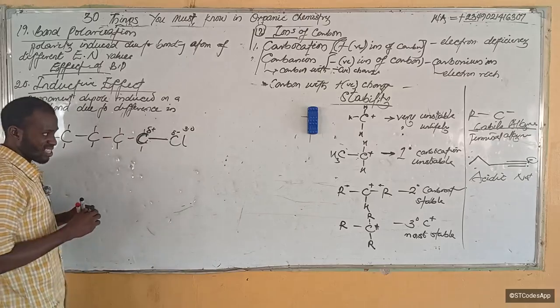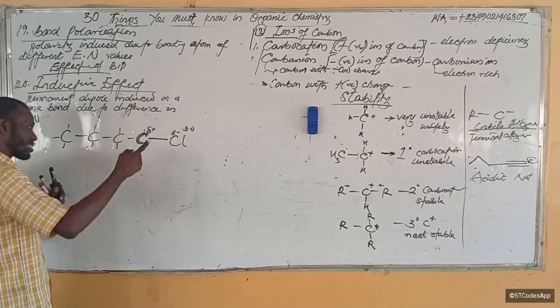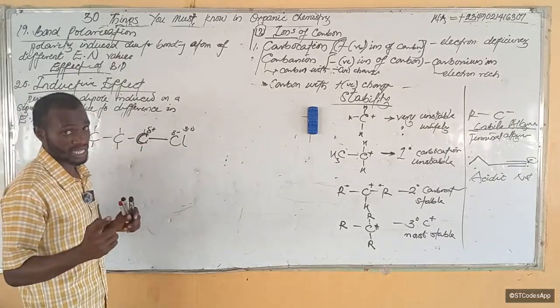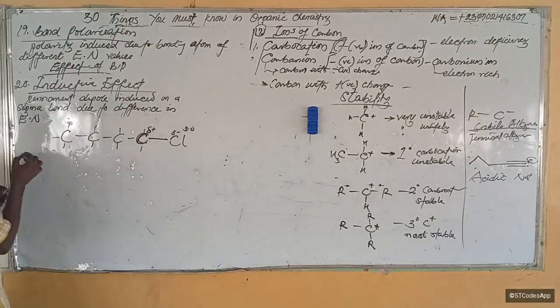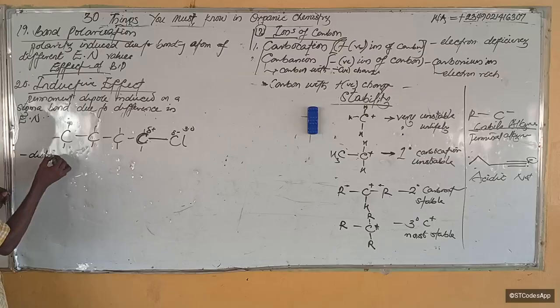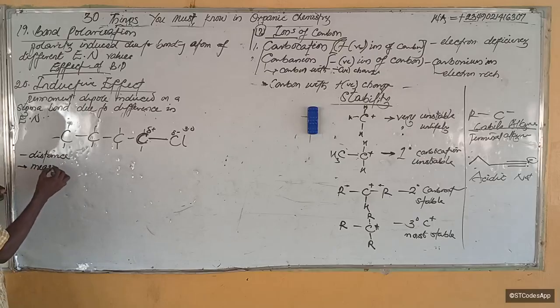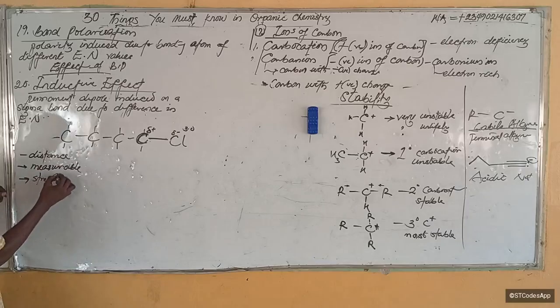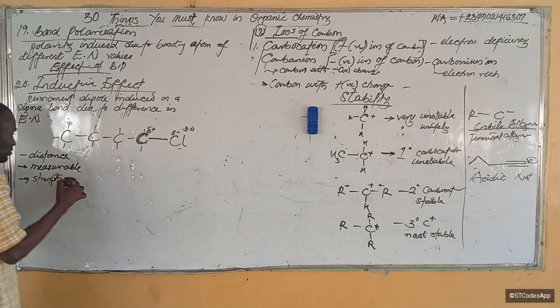That dipole is going to affect all the other atoms here. Now, the effect is actually not throughout the entire chain because the effect is distance dependent. Keep that in mind. The effect is distance dependent, and its strength is measurable in the laboratory. It also depends on the strength of the organogen. This is going to be called the organogen.